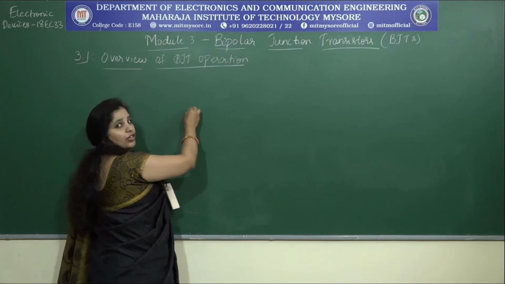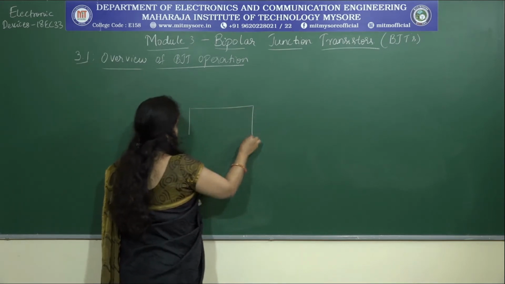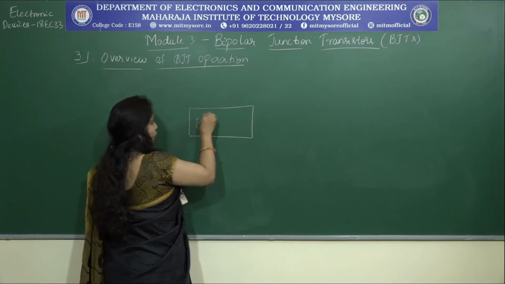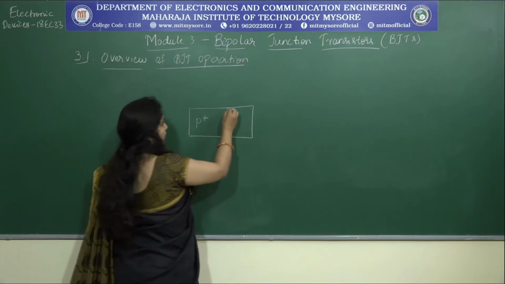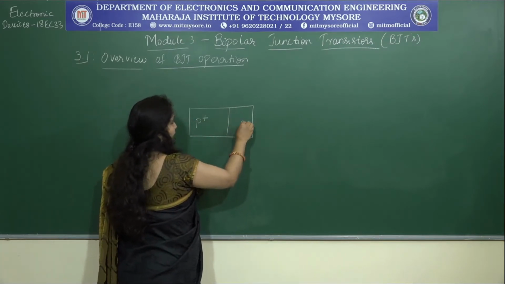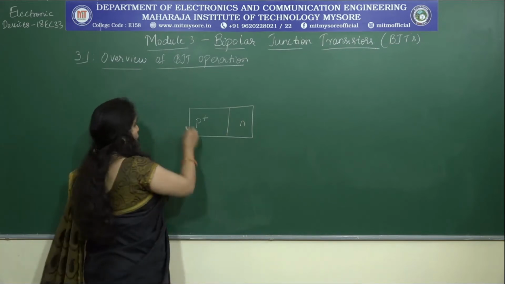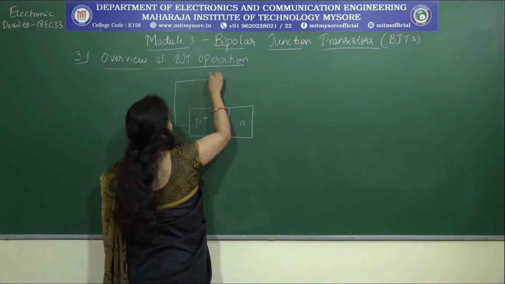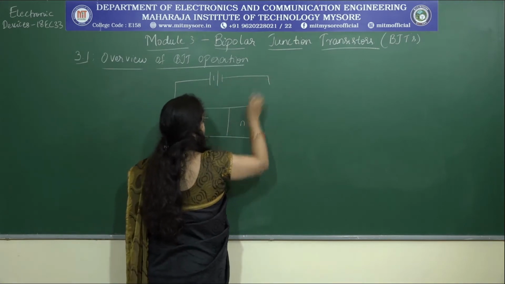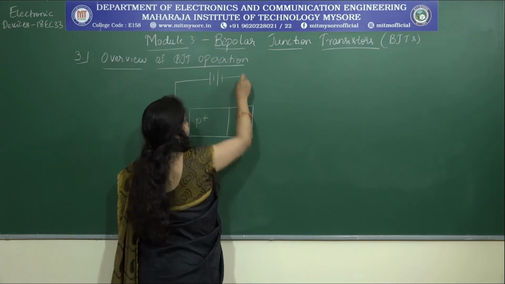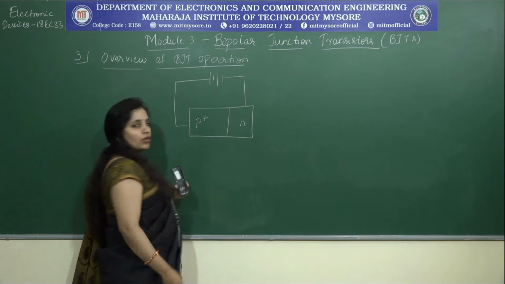Now, what am I trying to do? I have a P plus region and then I have an N region. And how are these connected? They are in the forward biased condition. Done?